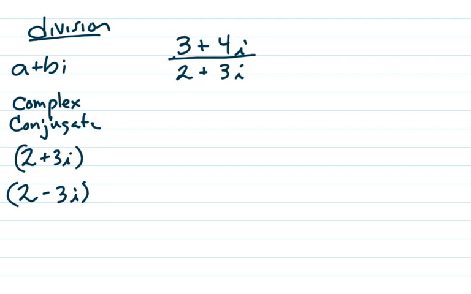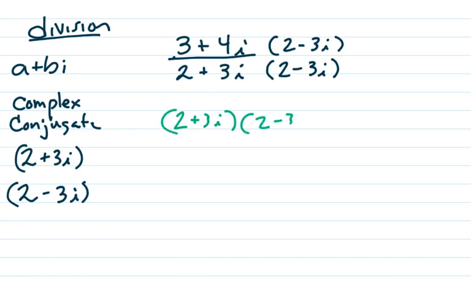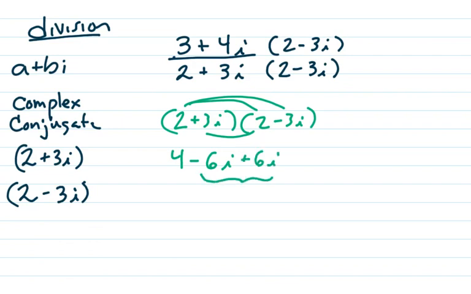I'll show you. Okay, so we're going to multiply both the top and the bottom by the bottom's complex conjugate. Let's take the bottom first, and we'll do 2 plus 3i times 2 minus 3i. So first is 4. Outside is negative 6i. Inside is positive 6i. So the imaginary component of the bottom drops out.